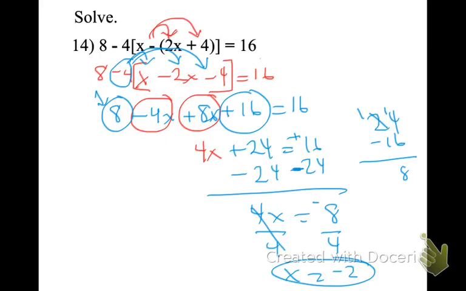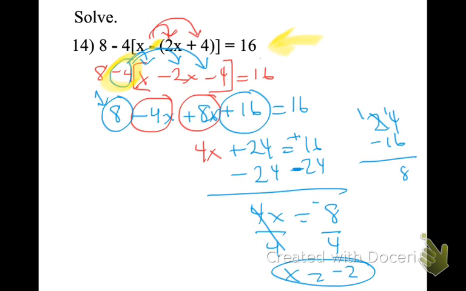So we work inside out. We started with, right here, I distributed the negative first, right here. And then once I got that, I distributed this negative 4. And I said, please be careful, do not subtract 8 minus 4.